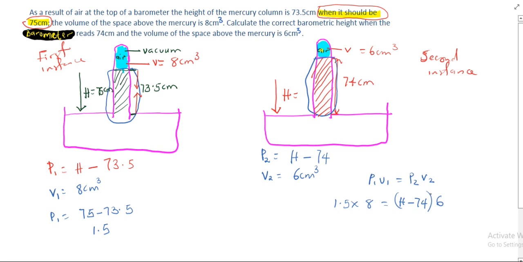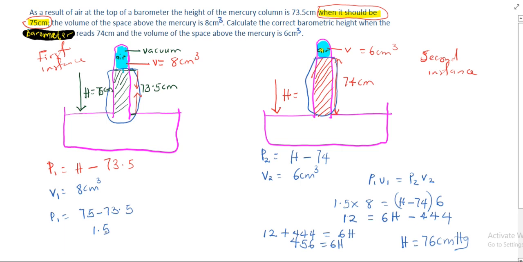So 1.5 multiplied by 8 equals 12. So 12 equals 6H minus 74 multiplied by 6, which is 444. Bringing 444 to the other side, 12 plus 444 is 456, so 456 equals 6H, and our H equals 76.